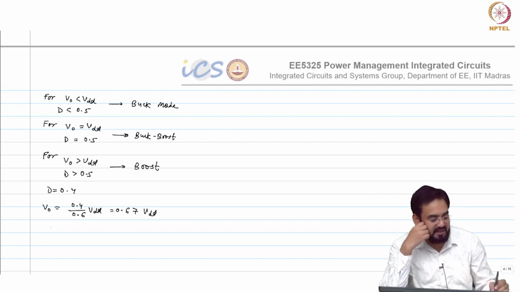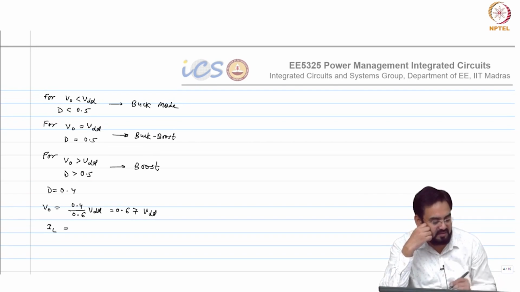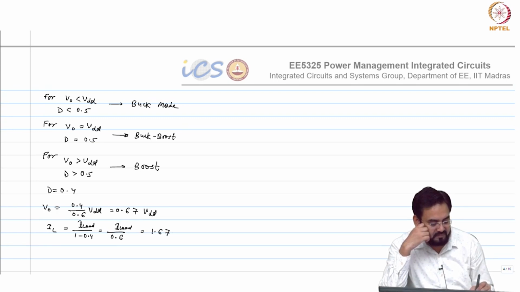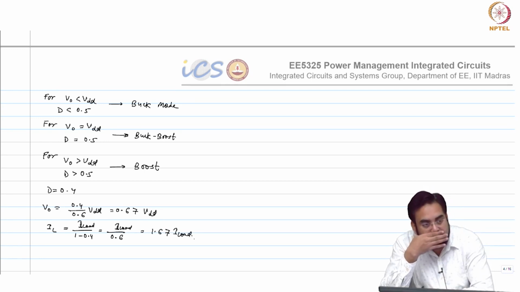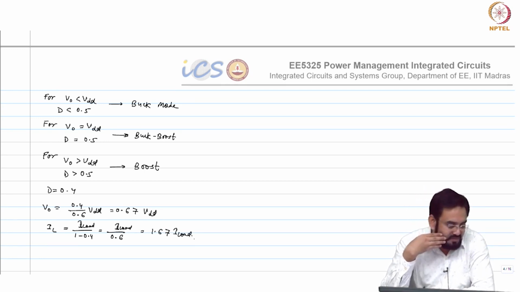But what about this now? And what will be the inductor current? 1 over 1 minus 0.4. 1 over 0.6 is how much? 1.67. 1.67 times, 67% more than your load.